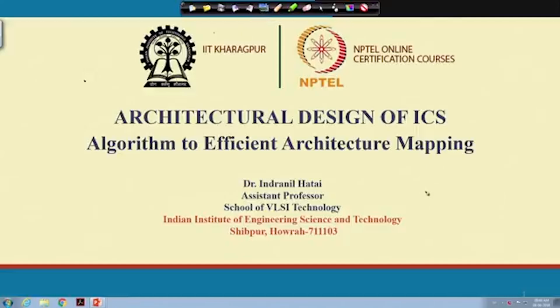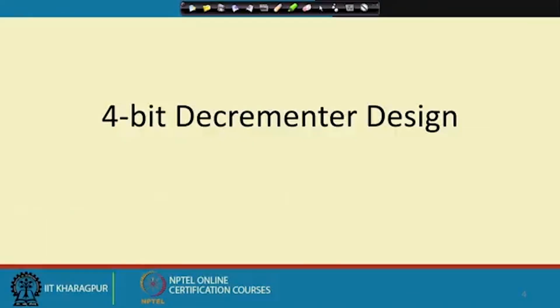Next we will see another example, that is the 4-bit decrementer design. In the incrementer we are just adding 1.